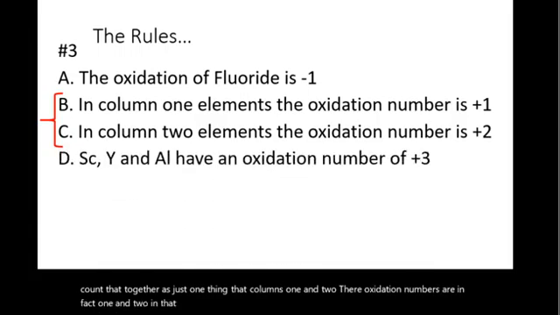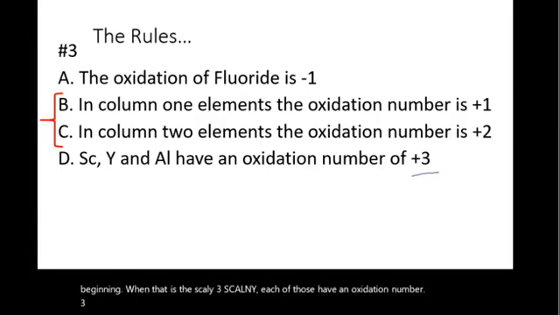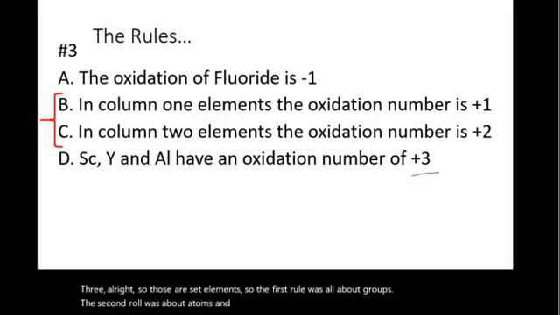And then the third part is that thing that I talked about in the beginning, the scaly 3, S, C, A, L, and Y. Each of those has an oxidation number of 3. All right, so those are set elements. So the first rule was all about groups. The second rule was about atoms and ions by themselves.